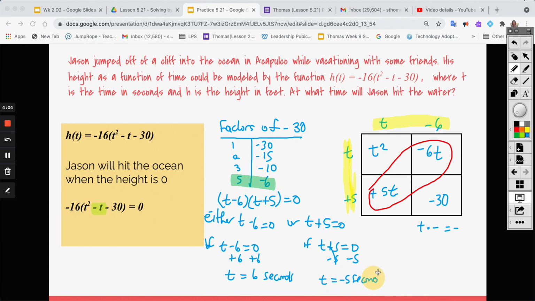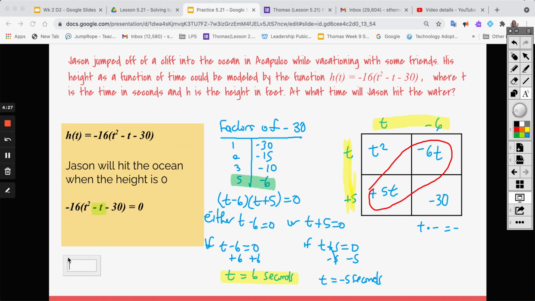So realistically, which of these two answers would make sense? The t equals 6 seconds would be the answer that we're selecting because we know time is not negative. So we're going to write this out, and I'm going to put it over here.